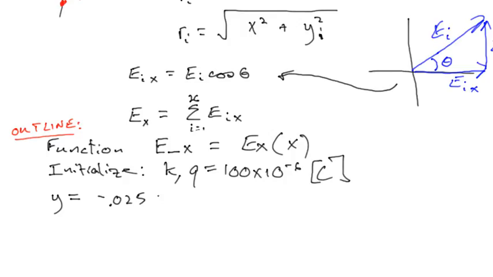Again, it doesn't understand the unit, so I'll leave that off. In steps of 0.002 meters, so 2 millimeters spacing, all the way up to 0.025 meters. Now what this should do is create an array of 26 values from minus 0.025 in steps of 0.002 up to 0.025.